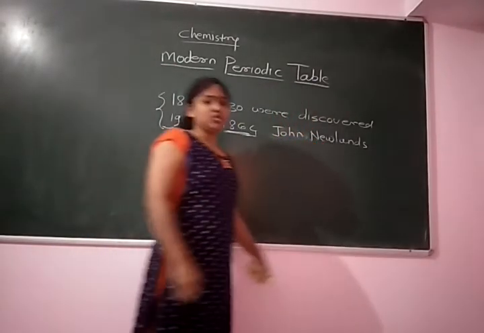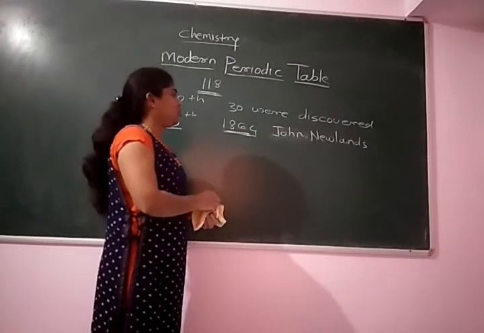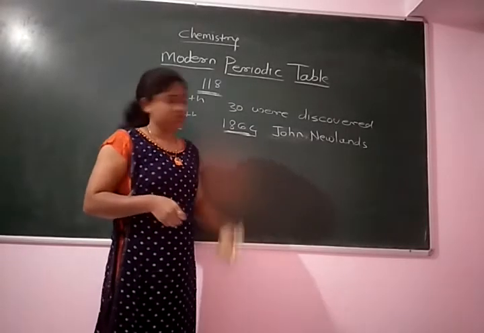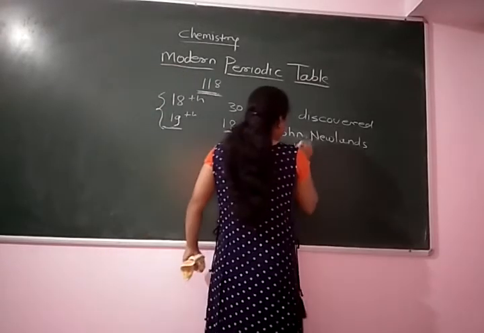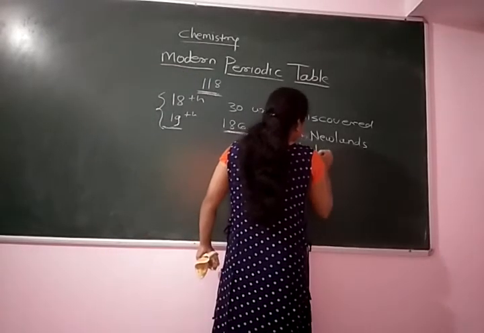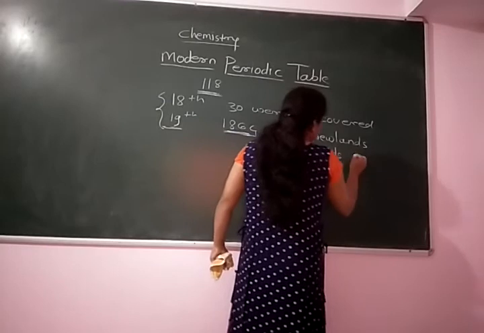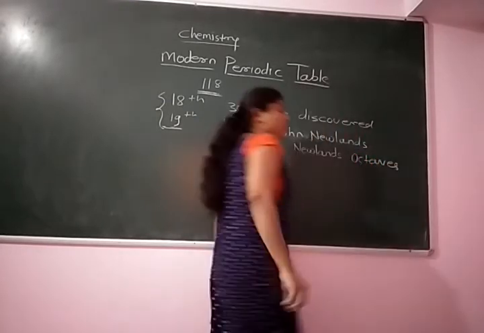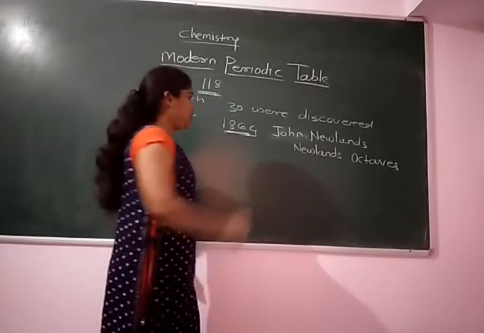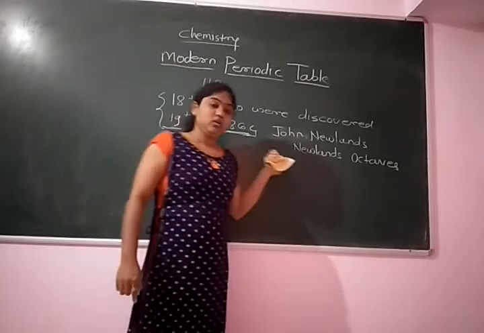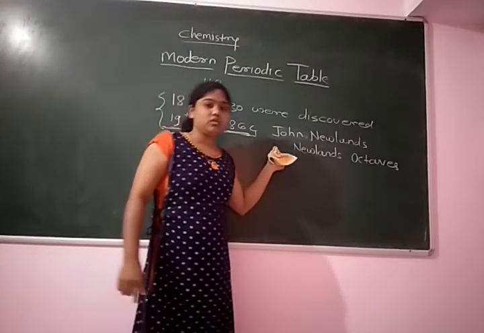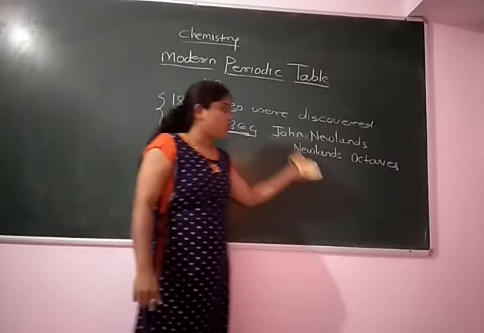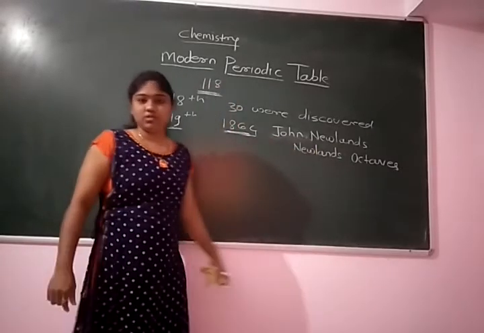He was an English chemist, and he found the Newlands octaves. In 1864, English chemist John Newlands came and he found the Newlands octaves.